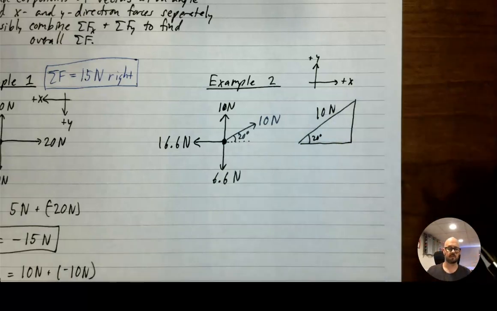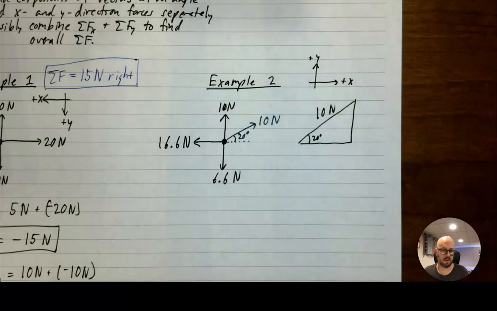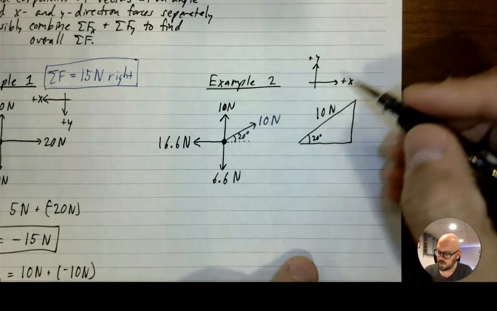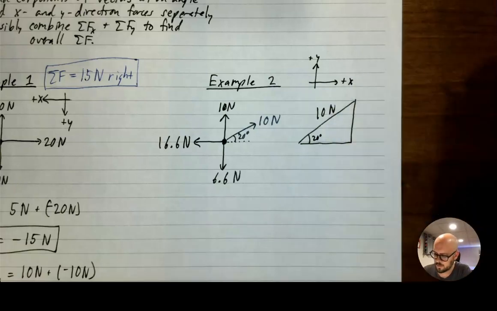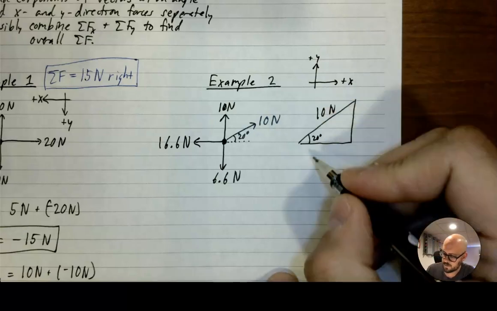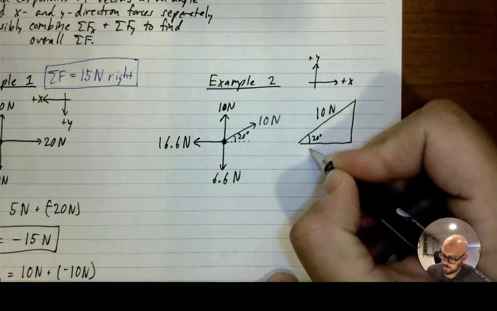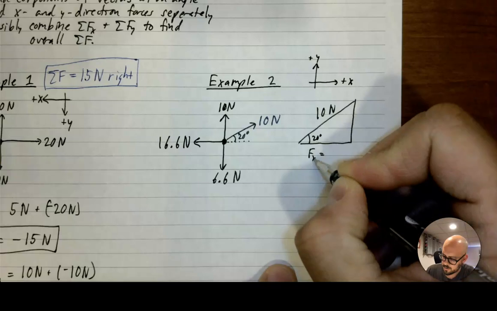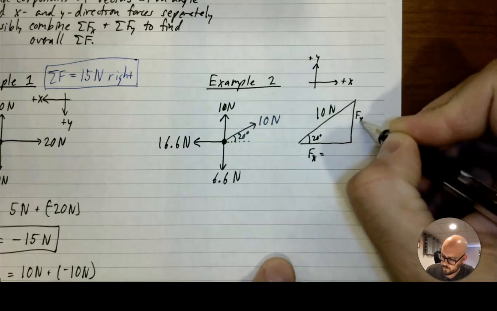So in the first unit of the course, we only really dealt with velocities at an angle. In this unit, we'll see other things at an angle, specifically forces. The hypotenuse is 10, the angle is 20, so this is the force in the x direction, this is the force in the y direction.